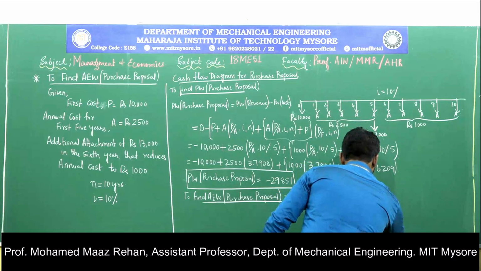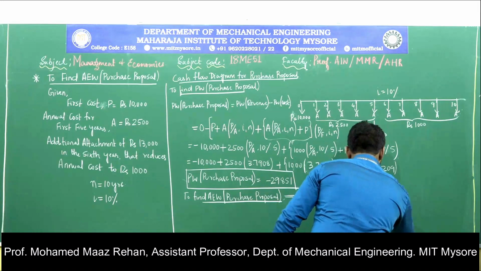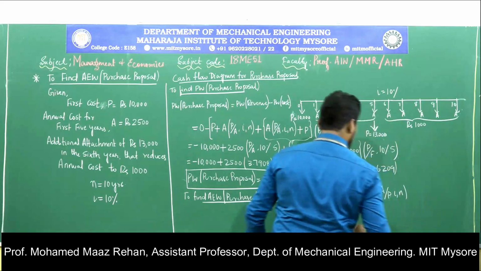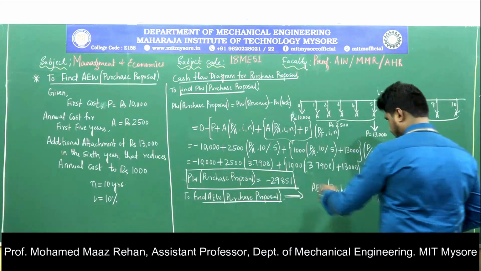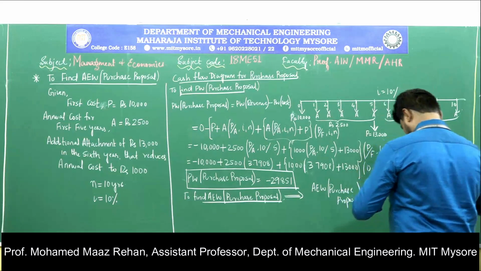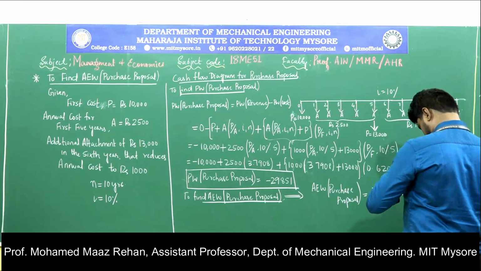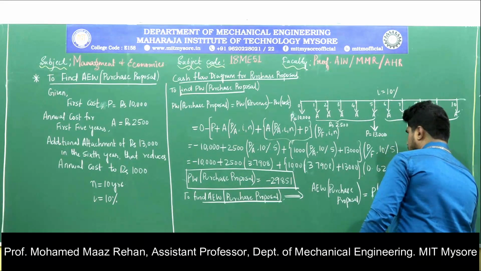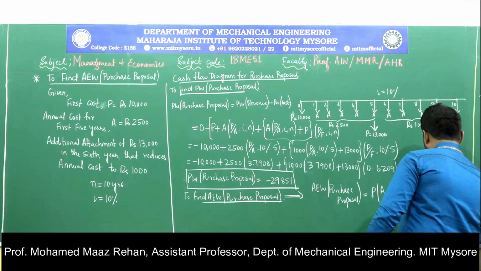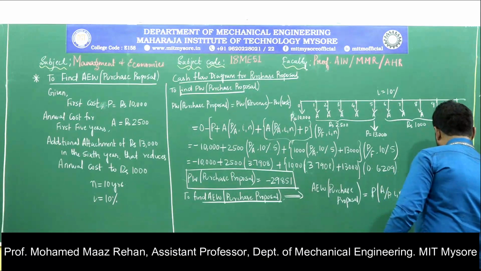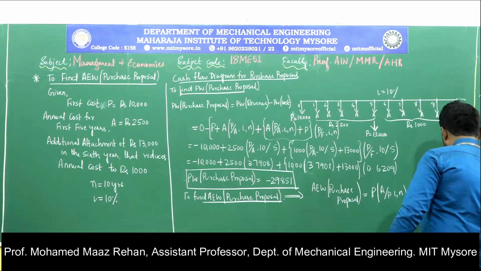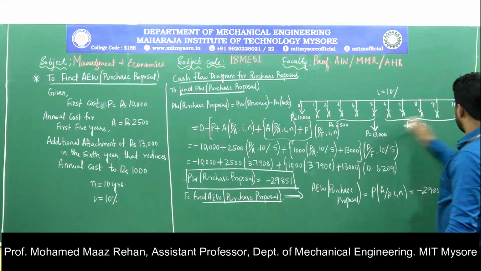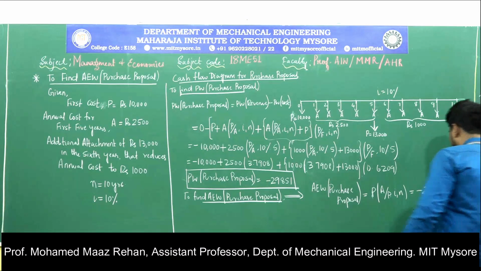I know what is P, so to find A when P is known, I comma N. P we have calculated, that is minus 29851. So to find A when P is known, I 10%, N you have to take as the entire life, that is 10.